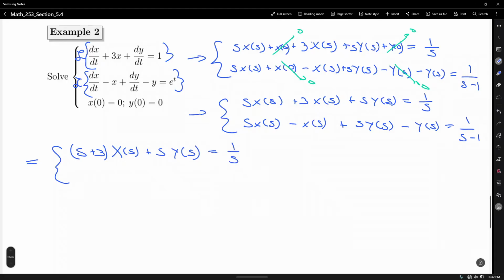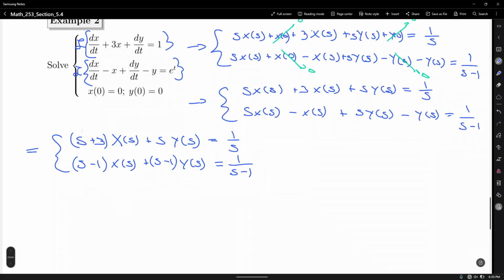And the second equation becomes, by factoring x of s, (s minus 1) x of s plus (s minus 1) y of s equals 1 over s minus 1. Oh yeah, that's actually an s minus 1 on the y term. Thank you. So that's the system to solve, where the unknowns are x of s and y of s, and then find their inverses.